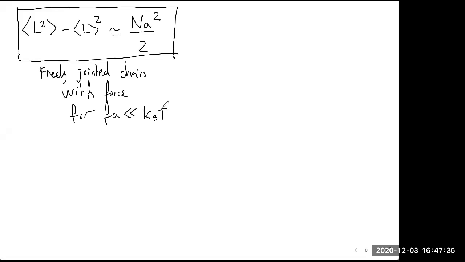And the other day we had no force, so I would expect we get something similar. And we did, because the other day we said for the freely jointed chain we had that delta R, which is kind of the length, was 0. Here it is not 0 in general, but in this limit of F small, it is 0.